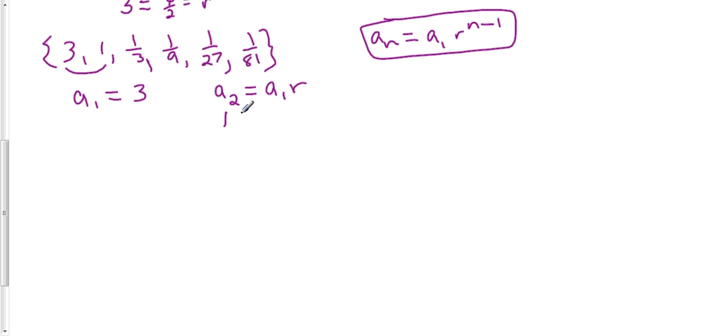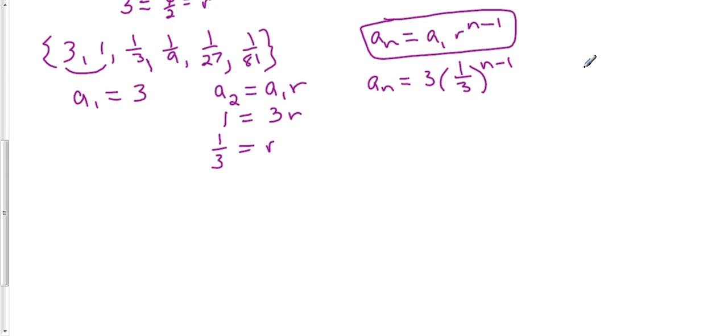So A2 is equal to 1, A1 is equal to 3, and I have R. I'm going to divide both sides by 3 to get R by itself, and I'm going to end up with an R value of 1/3. So if I substitute back into my explicit rule up here, I'm going to have AN is going to be A1, which is 3, times the R value, which is 1/3, to the n minus 1.